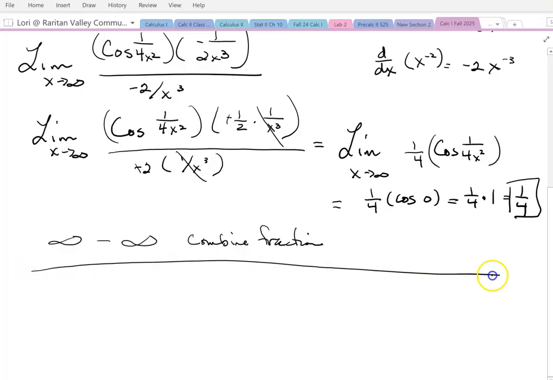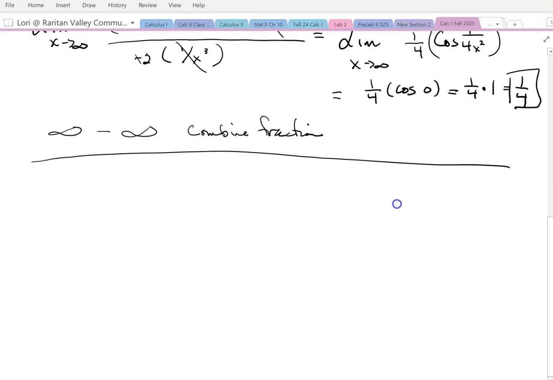But I do want to spend a couple minutes going over another type of indeterminate form, and this comes from a funky little function that looks like, what's the limit of x going to 0 of x to the x?